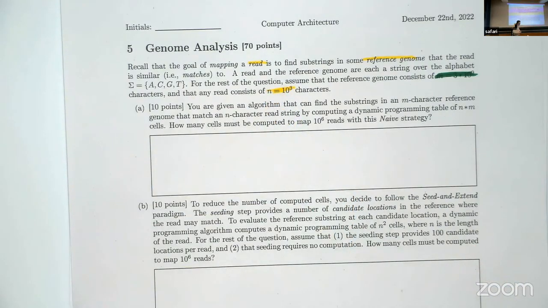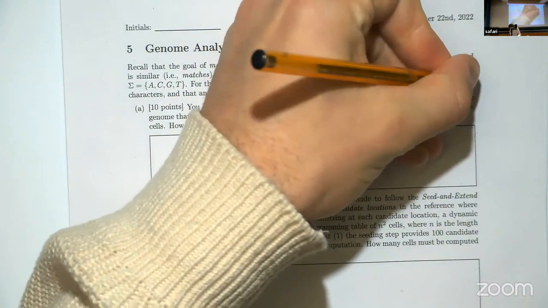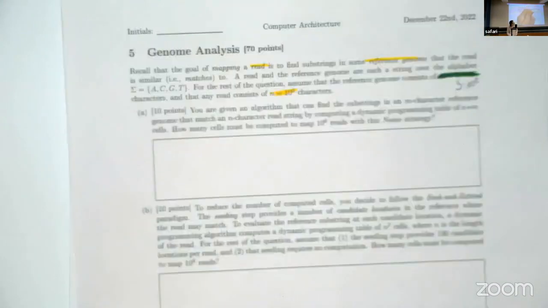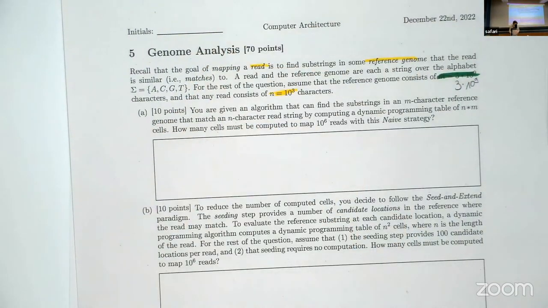Maybe I can write it down again. 3 times 10 to the 9. There we go, now it's visible again. So you know the size of each read and the size of the reference genome, and you're evaluating multiple ways of doing read mapping.